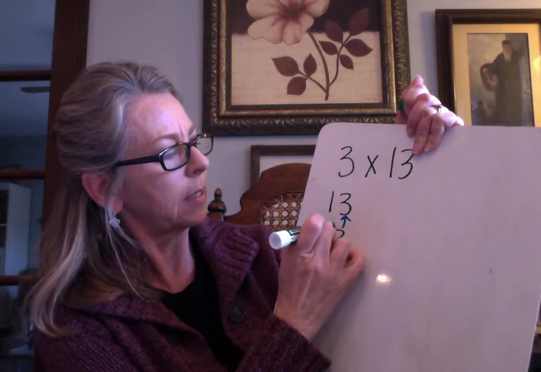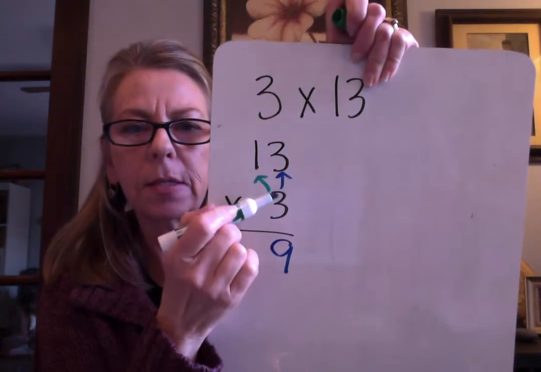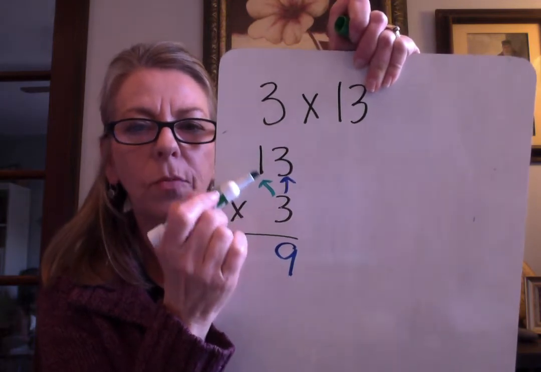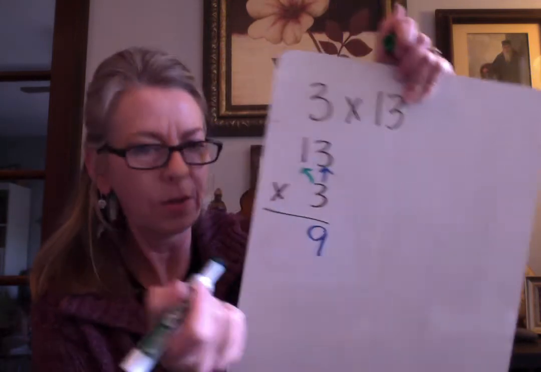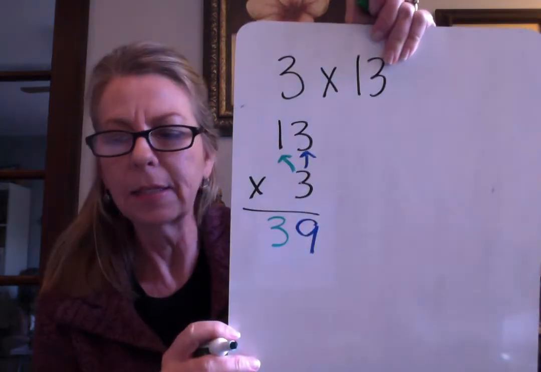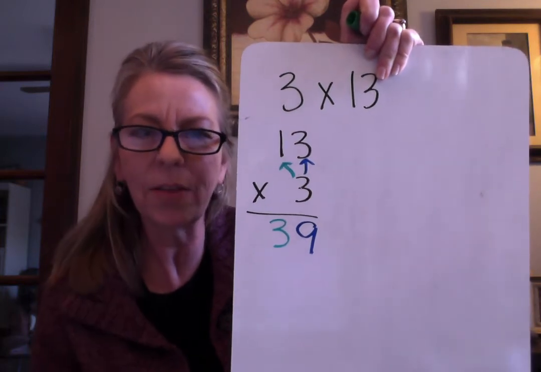So now I'm going to take this 3 and multiply by my tens. So 3 times 1 ten. 3 times 1 is 3. So that would be 3 tens. And that's just like when I added up my tens and ones, I got 39.